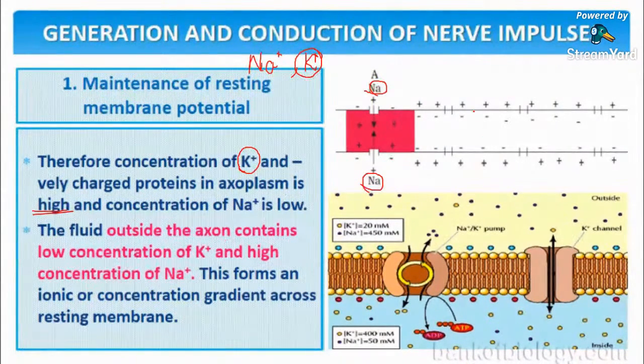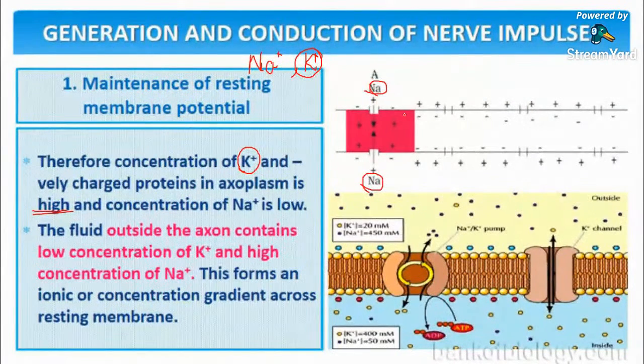So guys, the sodium ion concentration outside the axon membrane is very high. But think only about sodium. Outside the membrane there is a very high concentration of sodium, but inside the membrane, the axoplasm, the number of sodium atoms is very low, because at the resting stage only the channels for potassium are open.